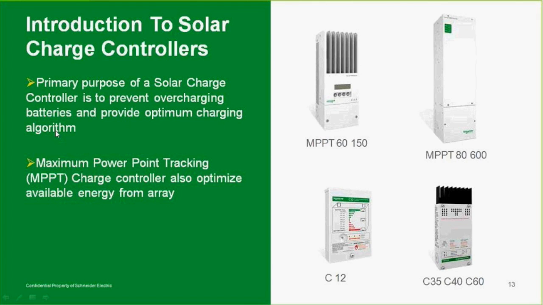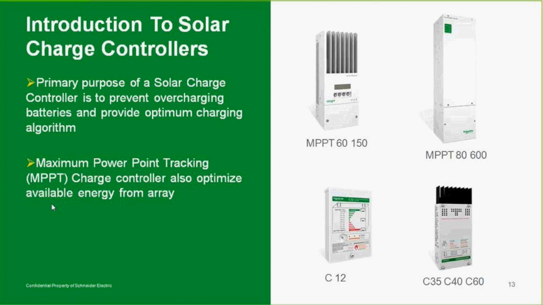So that's what a solar charge controller does, and we're going to talk about the different types of them. These are the models that we offer currently. The second functionality of a solar charge controller is this bottom line. Maximum power point tracking charge controllers, the two top units, the MPPT 6150 and MPPT 8600, have a secondary purpose, which is to optimize the available energy from the array, and we'll talk about how that happens.